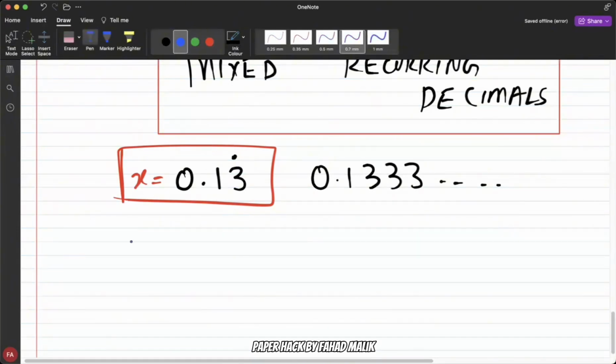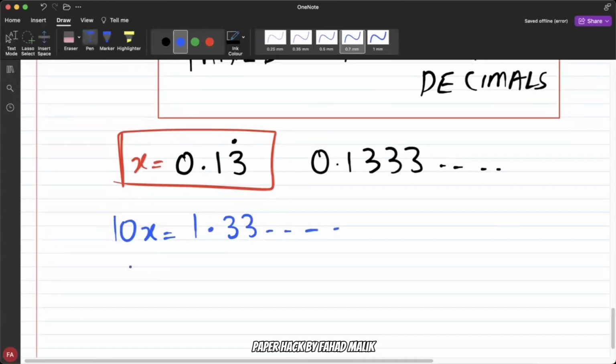Now, if I multiply both sides by 10, I'll have 10x on this side, and on the right side this would become 1.333. So I can represent this as 10x equals 1.33 and then a dot.